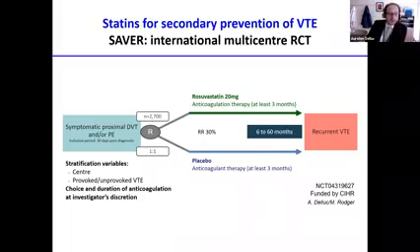So the patients will be randomized and stratified according to their centers, to the presence of a provoking factor, and the choice and the duration of anticoagulation will be at the investigator's discretion. Our aim is to treat these patients for 6 to 60 months.